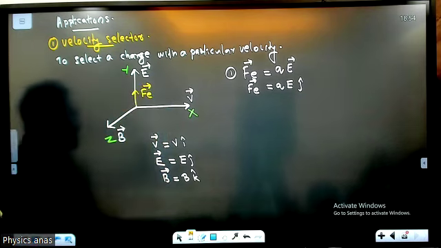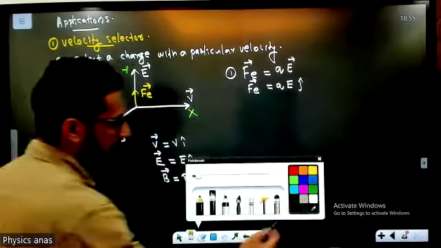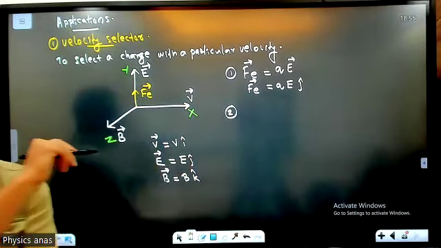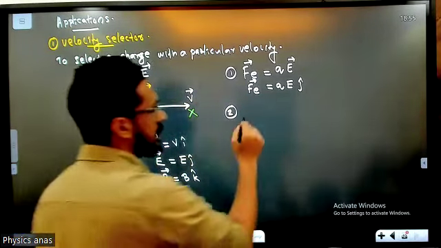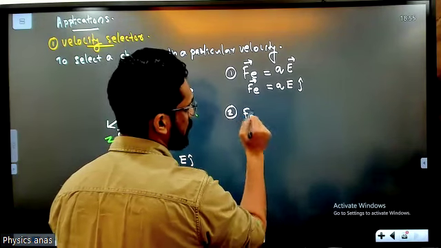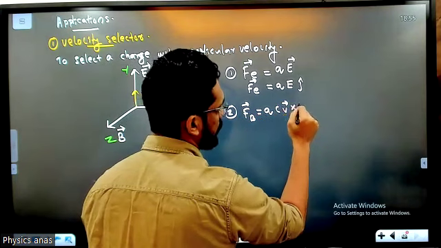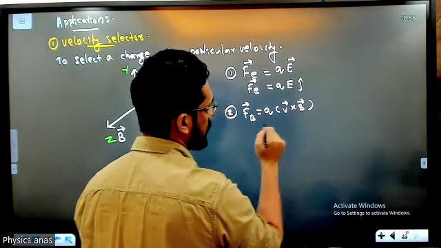That's Fe. Let's write the second equation, the magnetic Lorentz force. What is the equation for the magnetic Lorentz force? Q into V cross B. Right?